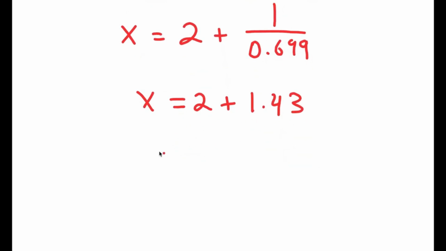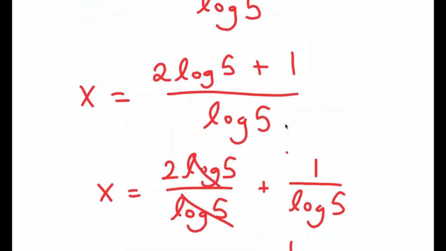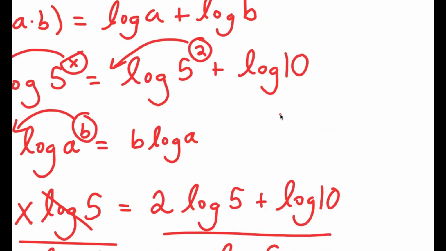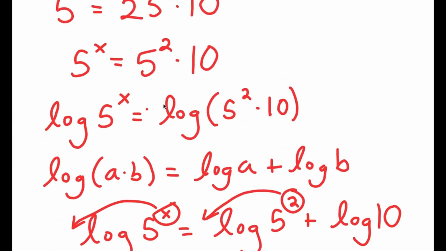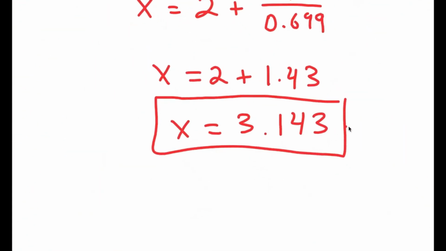So 2 plus 1.43 is 3.43, so I get x is equal to 3.143. And this is my answer to this problem. And remember how we already said that x was going to be somewhere in between 3 and 4. So this proves us right.